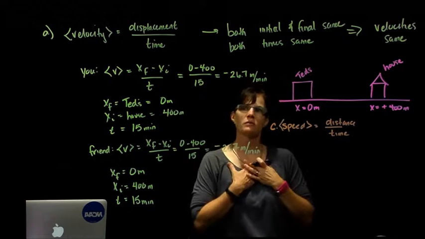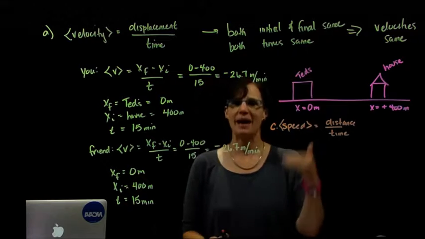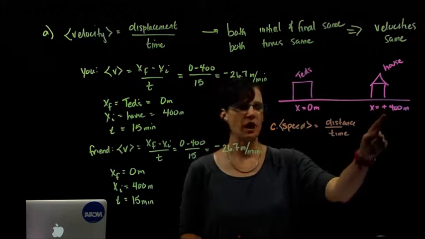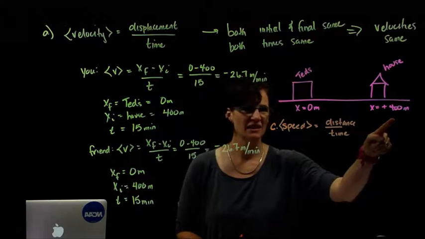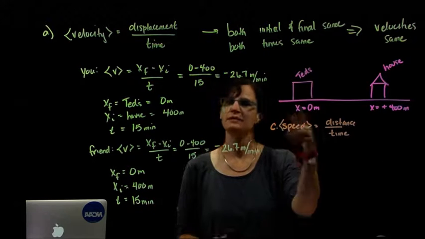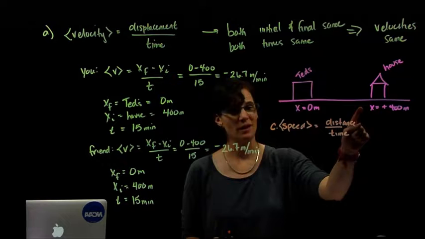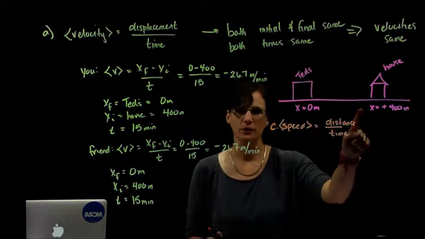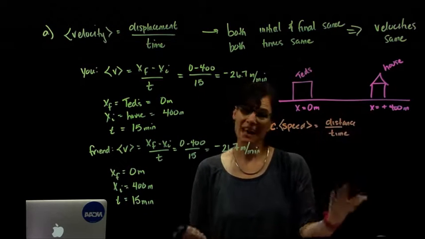Now, if we think about you, what was your path? This is path dependent. You went from your house, you got a quarter of the way there, had to go back to your house, and then go off to Ted's. Your buddy, well, he went, got a quarter of the way there, hung out, waited for you, and then went off to Ted's. His total lengths are less.